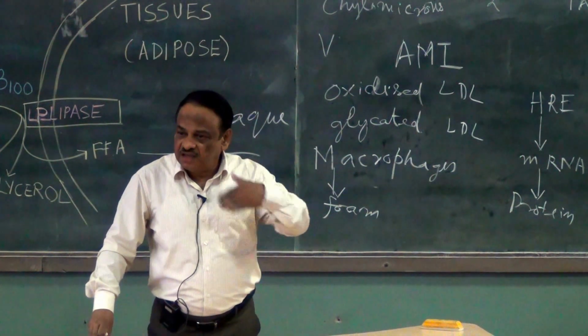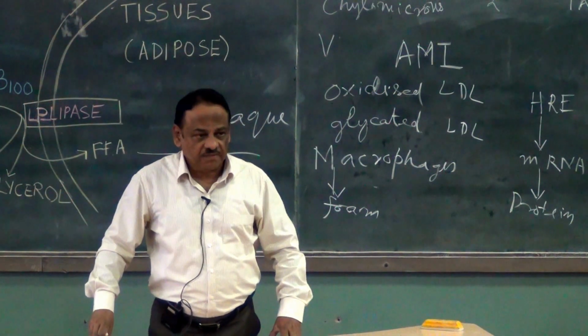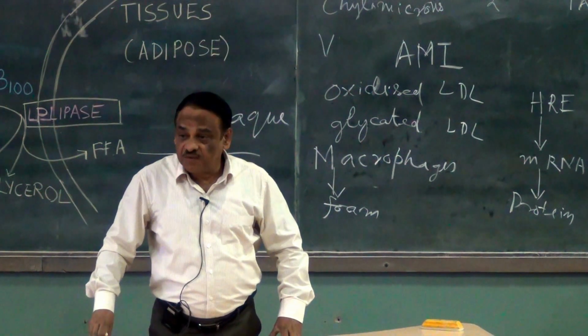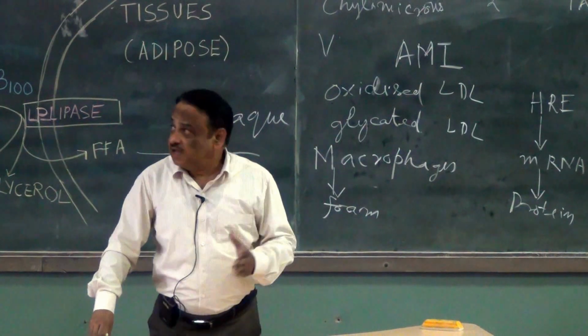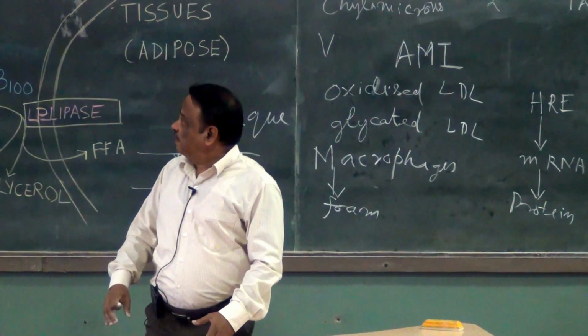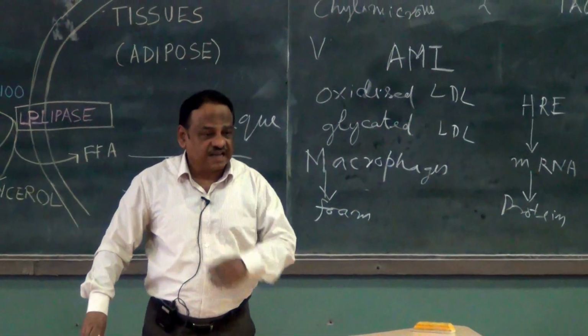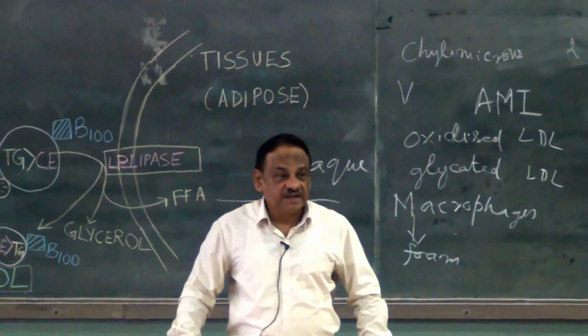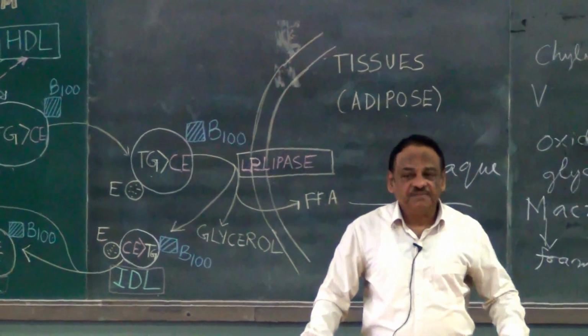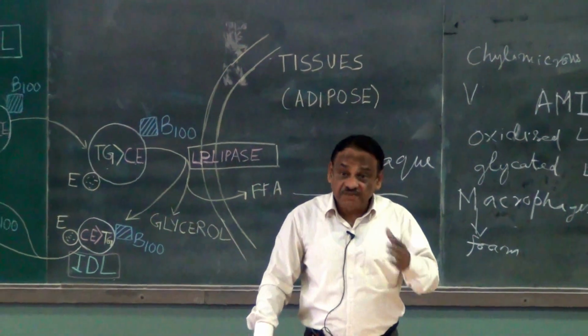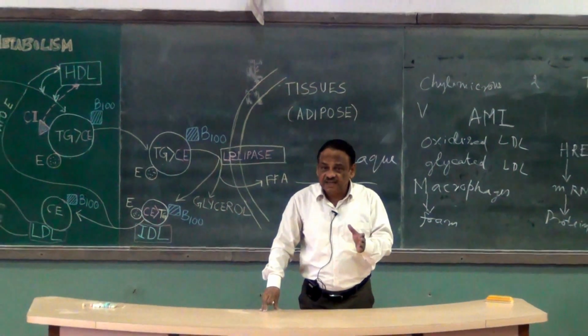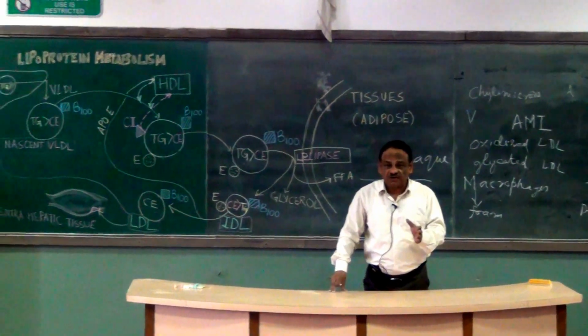So if it increases, then there is a problem. Otherwise, there is no problem. But now we have a lipoprotein which will take up the cholesterol in the reverse direction, that is, from the peripheral tissue back to the liver. And from the liver, it is easy to excrete the excess amount of cholesterol.